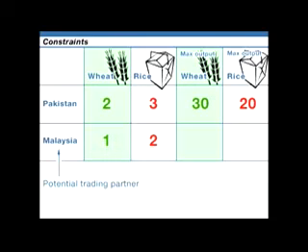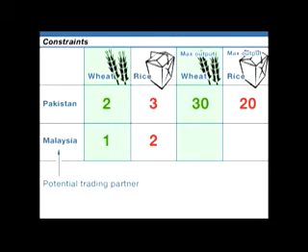But before I do that, let me go ahead and introduce a potential trading partner for Pakistan, and that is Malaysia. Malaysia is going to have a different technology, and this different technology will become the basis for trade between Pakistan and Malaysia. Let's suppose that in Malaysia, it takes only one worker to produce a bushel of wheat.